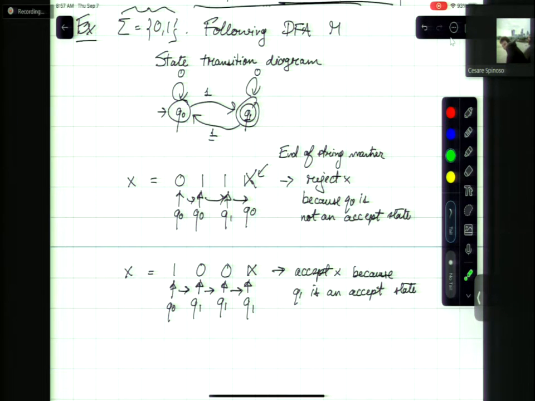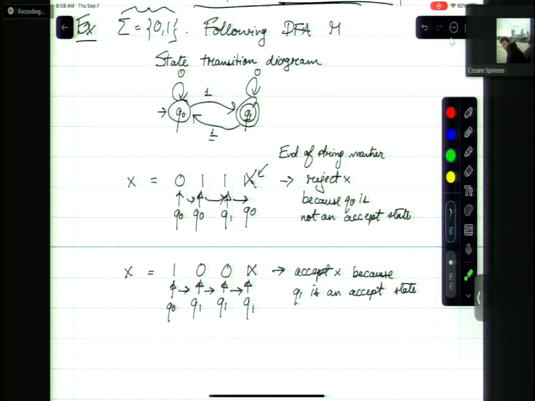The other question was, what does this state represent? That's a very good question as well. The idea is that the states of DFAs represent information that the machine has to remember. That's a great segue, so hold on to your other questions, to talk about what this machine is actually doing.